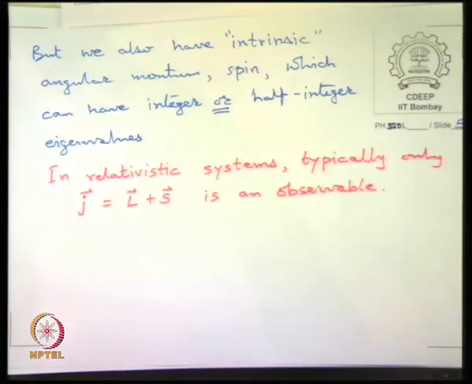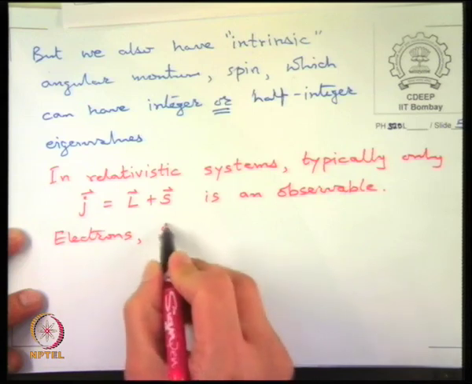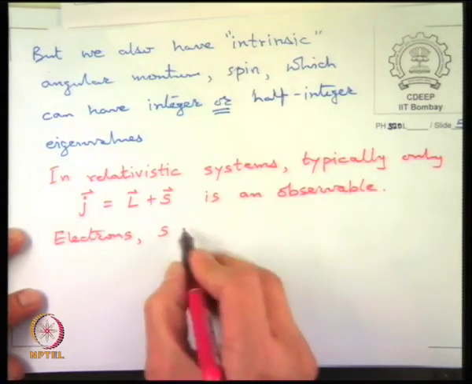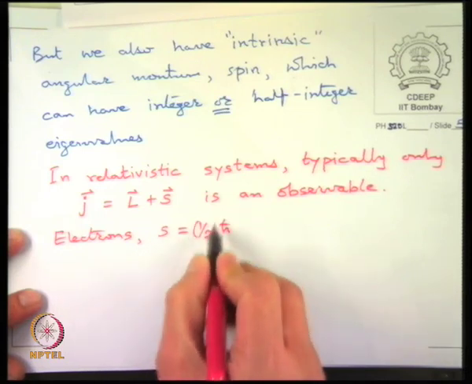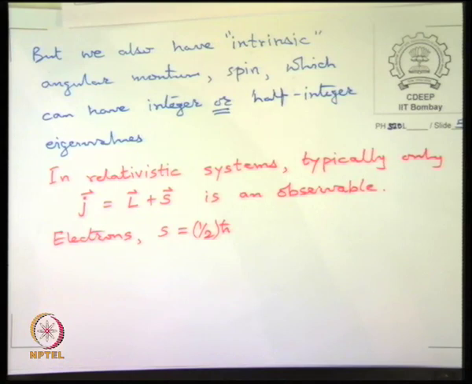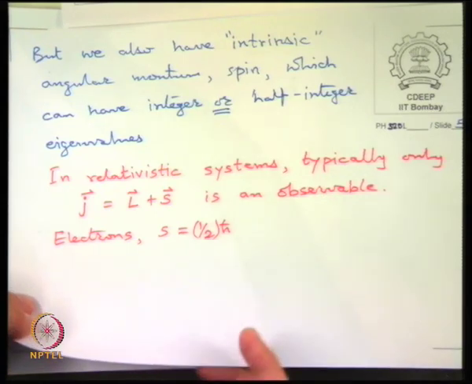So this can be either integer or half integer depending on whether S is integer or half integer. In the case of electron, therefore, it is always half integer because L is integer and intrinsic spin is half, S equal to half h cross. So now what we want to do next is to go to Lorentz boosts or the special relativistic transformations.